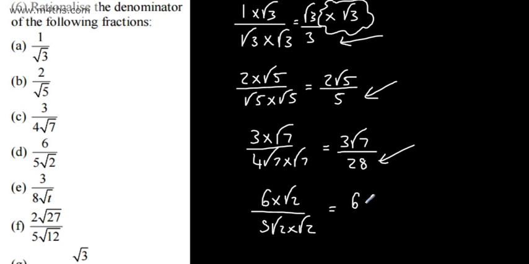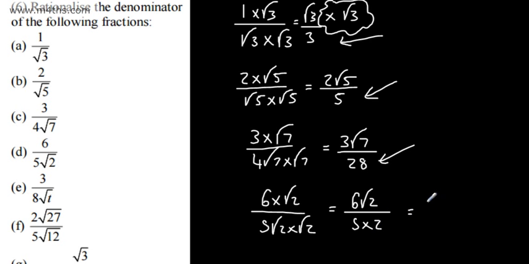So what we're going to have then is 6 root 2, and in the denominator we're going to have 5 times 2, which gives me 10. At this stage what you could do is write that this is 5 times 2, and we can cancel down. If you want you can write 10.